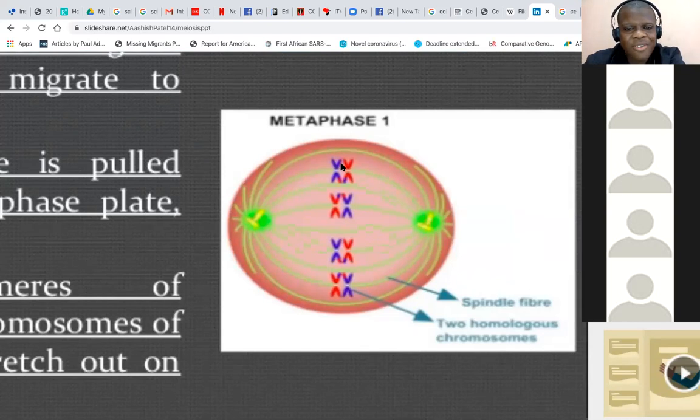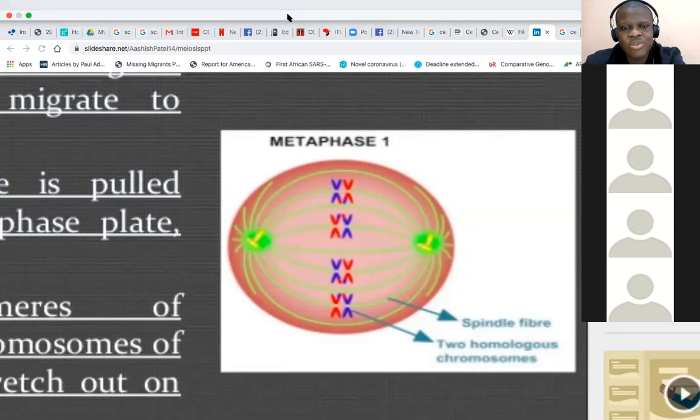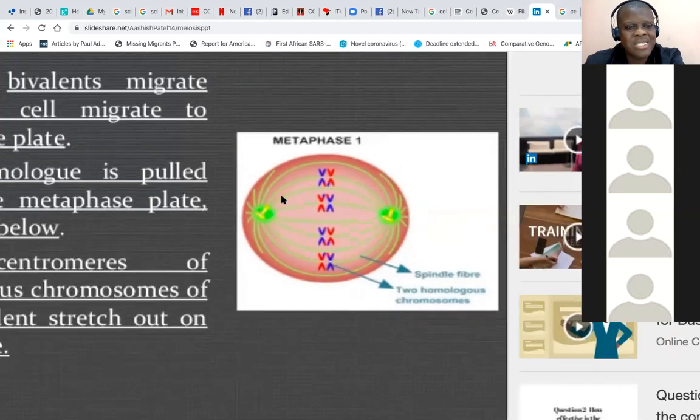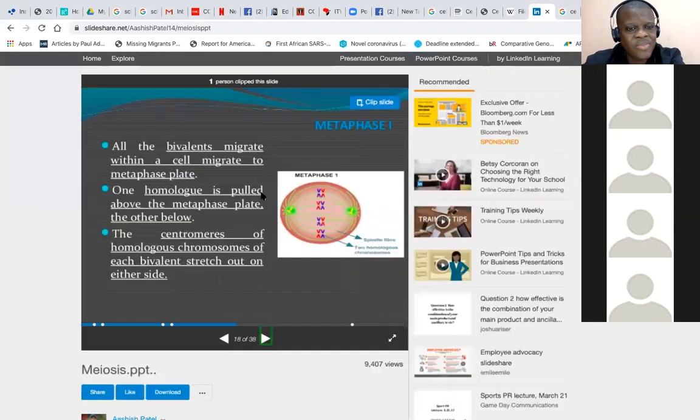Look at the first strand at the top. It contains the purple with some red version, while the red chromosome has some purple elements. So that is what is really happening.